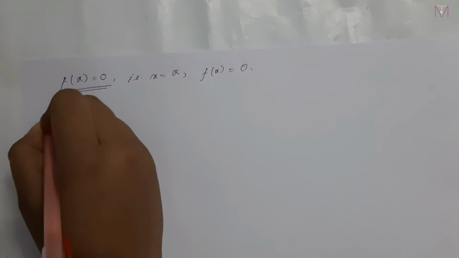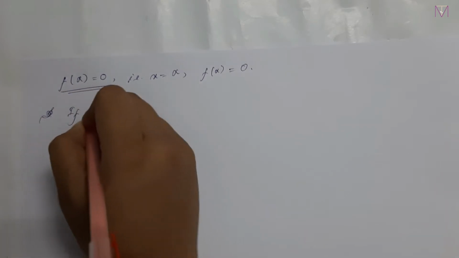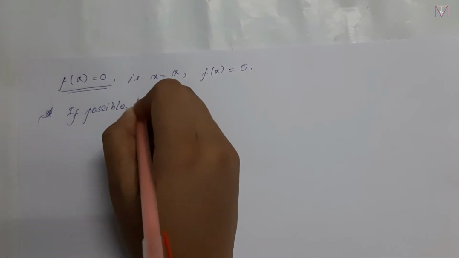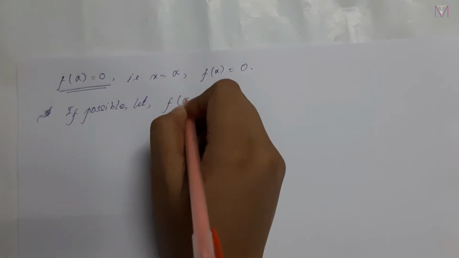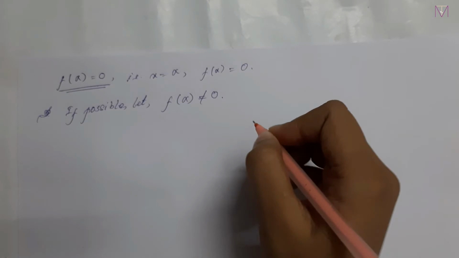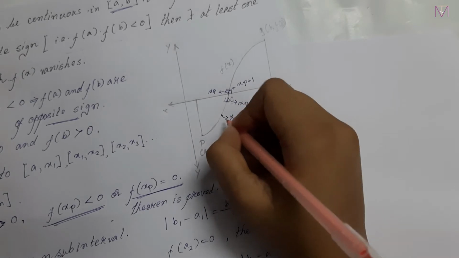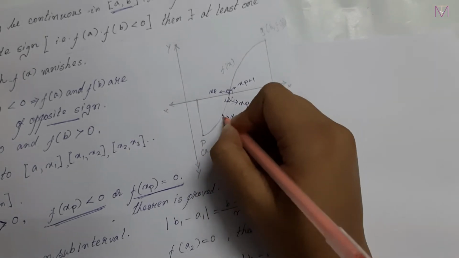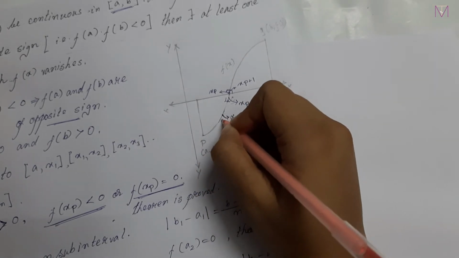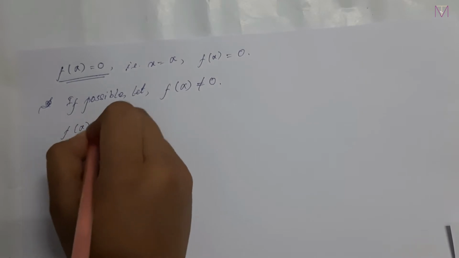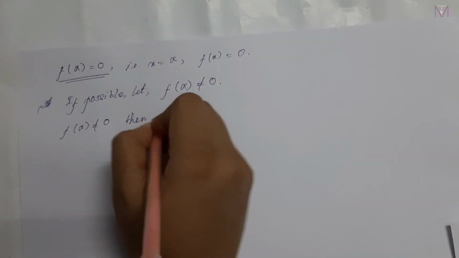Now if possible, let f(alpha) not equal to 0. Now let this point be alpha. If f(alpha) not equal to 0, then the curve will be continuous. So let's try this. f(alpha) not equal to 0, then f(x) is continuous.